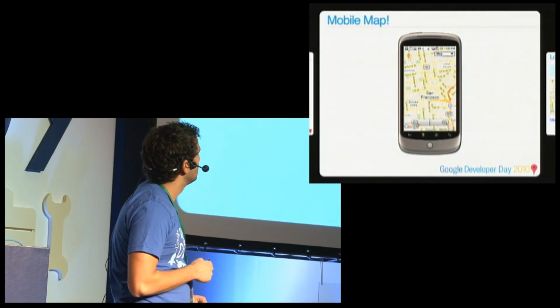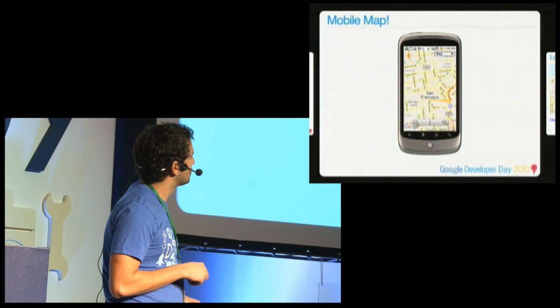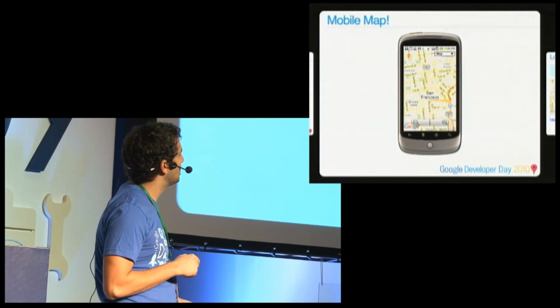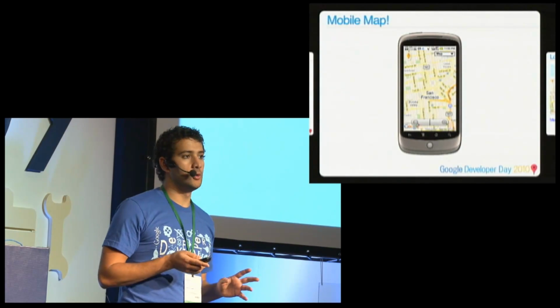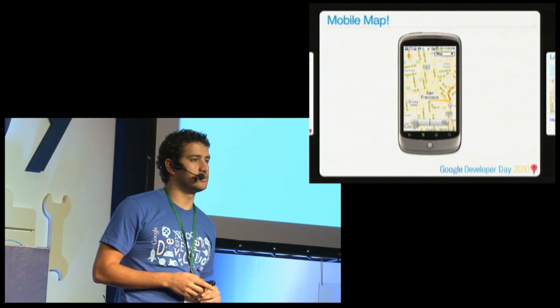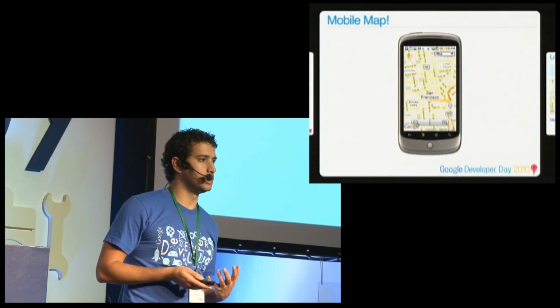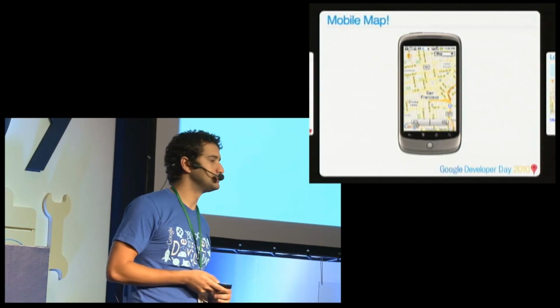You notice it makes the zoom control smaller. It collapses the map type control. It knows sort of the context of how big it is and what devices it's running on. You don't need to customize it anymore to make it usable on an iPhone or on an Android.